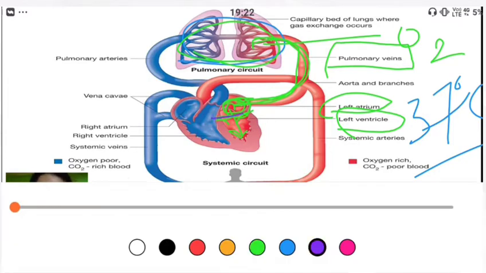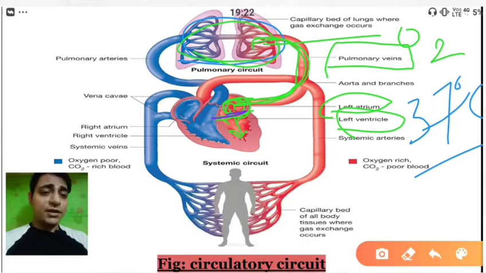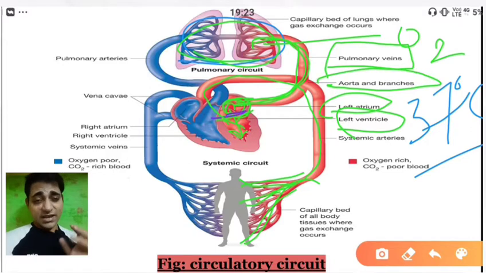Okay, now again what will happen? The left ventricle will squeeze. Now it will send this oxygenated blood throughout the body through the main artery of our body, that is the aortic arch or aorta. The aorta has many branches which will deliver the blood to each and every organ of our body. So here you need to remember the name aorta and its branches, the main artery which delivers the oxygenated blood throughout the organs.